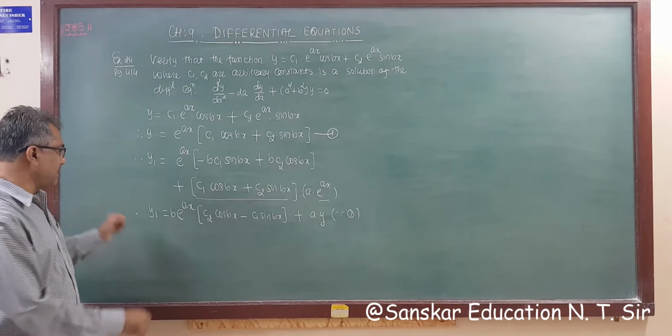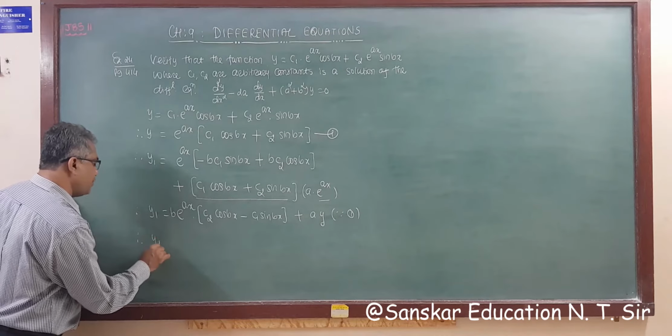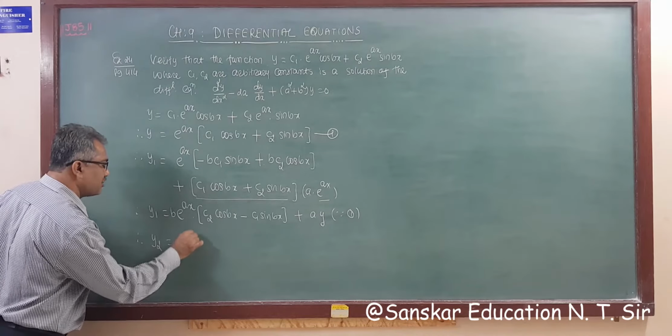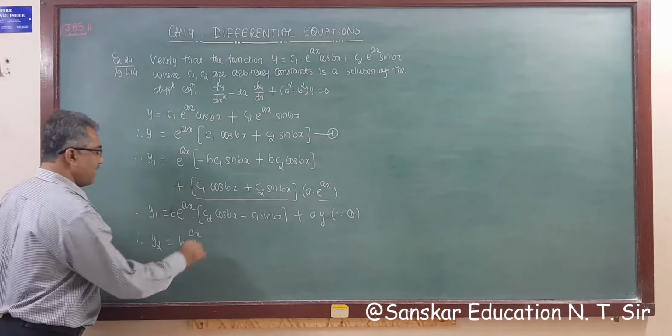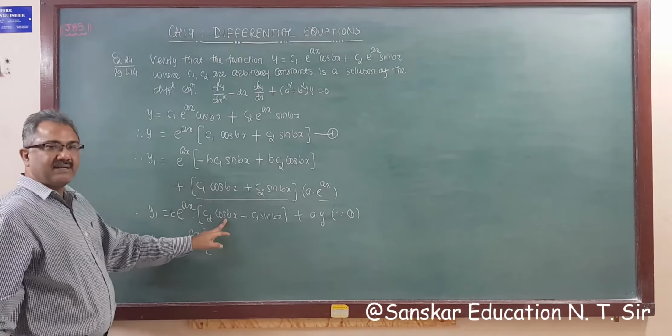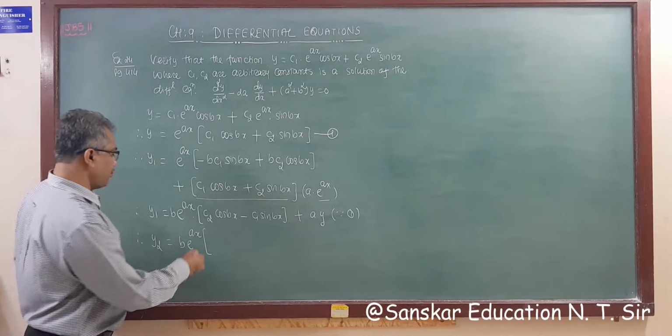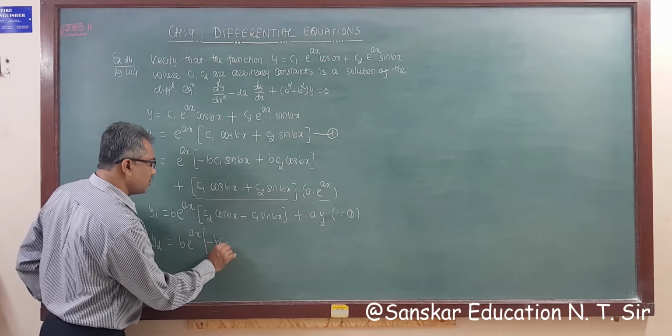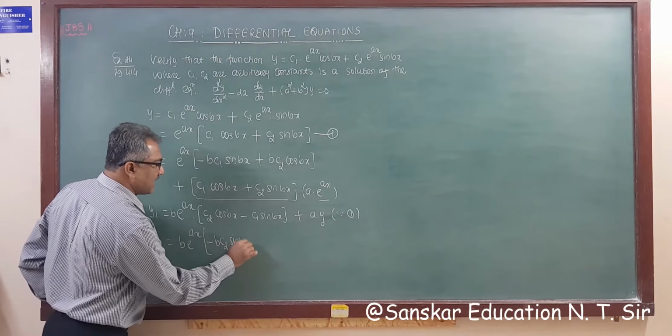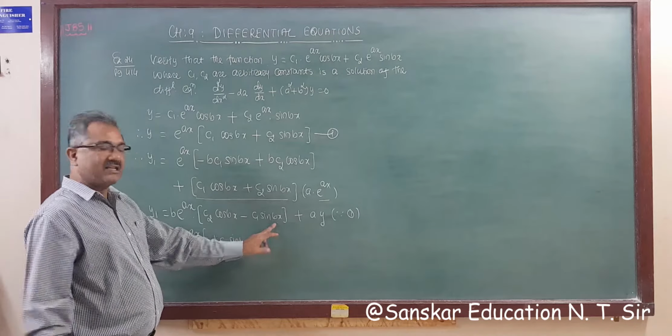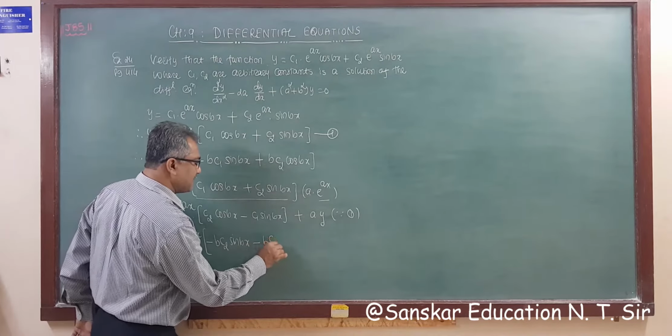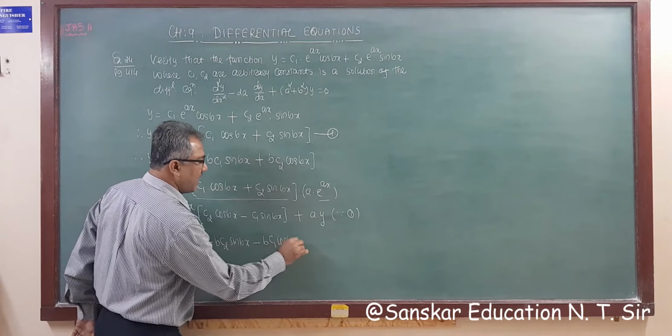Again differentiating this equation, y2 is equal to b e raised to ax as it is, and the derivative of this: derivative of cos is minus sin, so we get minus b c2 sin bx, minus, derivative of sin is cos, so we get b c1 cos bx.